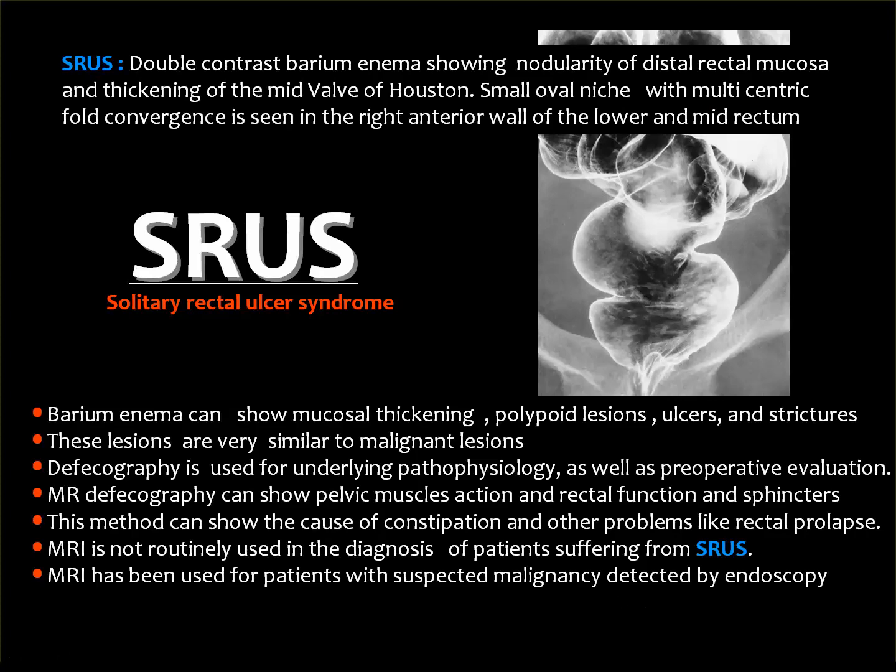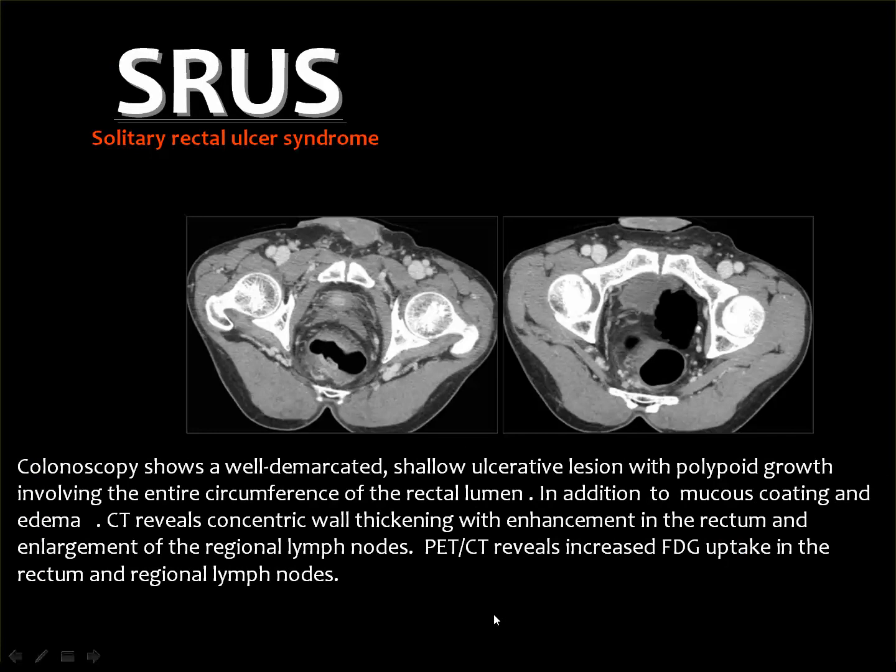And also, they said that by barium study, you may see some prominent mucosa, some ulcerations, and infolding of the mucosa. And this is not common because you may not see these subtle changes in the rectum, and the diagnosis is mainly based on the endoscopic evaluation.